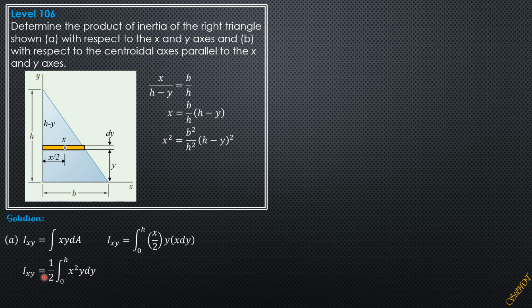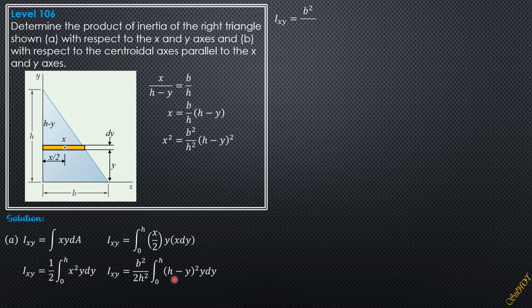We then substitute the value of x squared here. So Ixy equals 1/2 of b squared over h squared, so b squared over 2h squared, integral of x squared, which is h minus y quantity squared, times y dy. Before integrating, we have to expand.